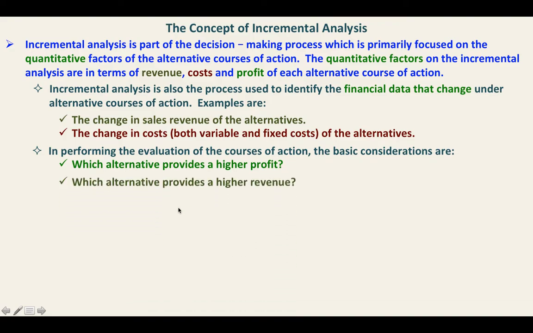And if you are comparing the alternatives based on revenue, then you have to choose an alternative with higher revenue. Then, if you are evaluating the alternatives based on their cost, you will choose which alternative provides the least cost. So basically, these are the measures in which we will choose the alternative.